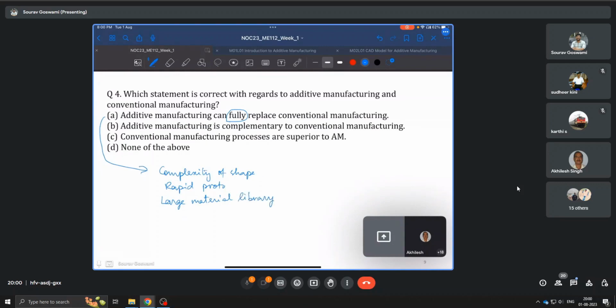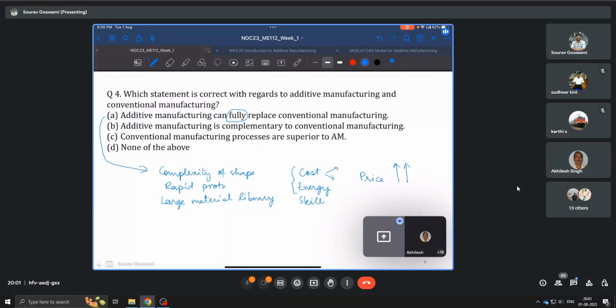But it also has a lot of capital investment or cost, both initially as well as during running in terms of the feedstock. Then it is highly energy intensive. And when you combine these two along with the necessary skill to operate a DED setup or any AM setup in general, what these end up doing is drive up the price.